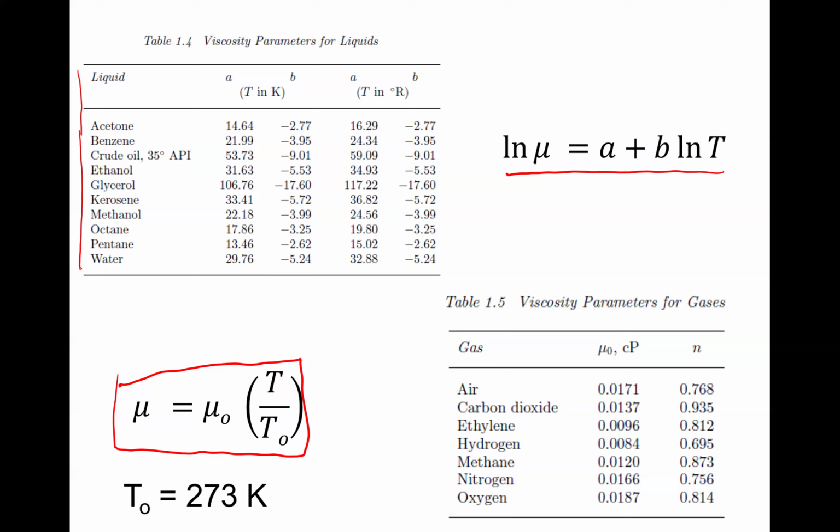And then for gases, you basically use this equation that is derived from the ideal gas law. You have the values of mu0 here, and you can do that calculation of mu at a new temperature.